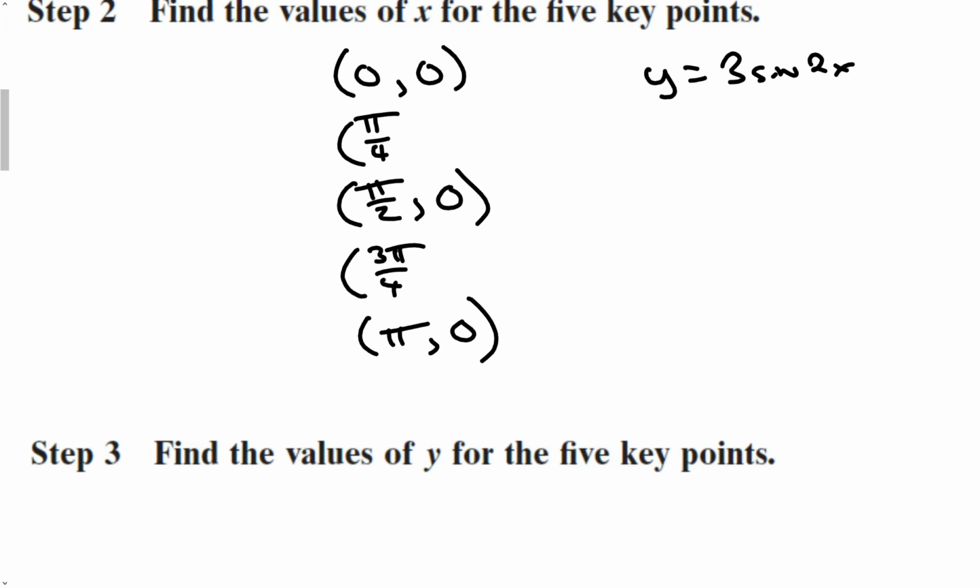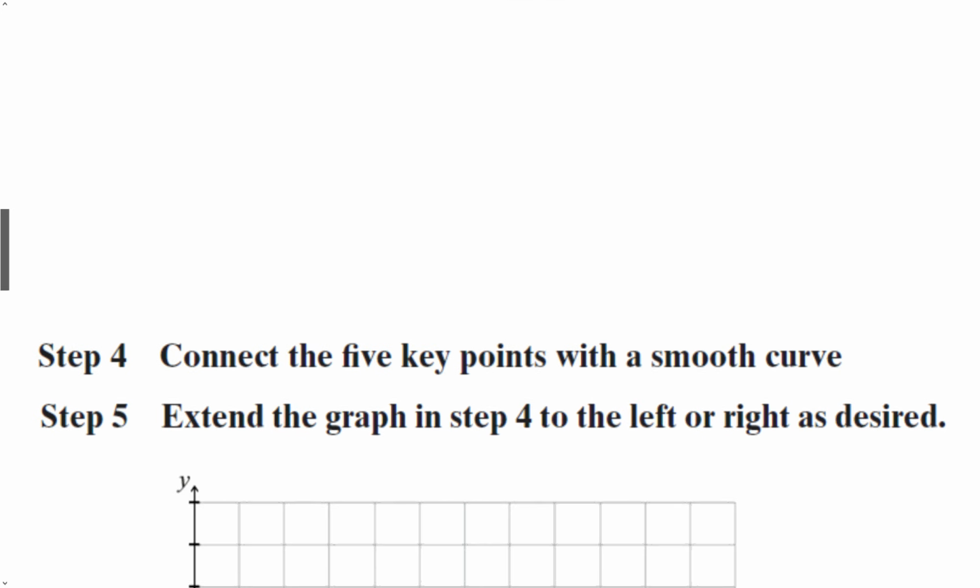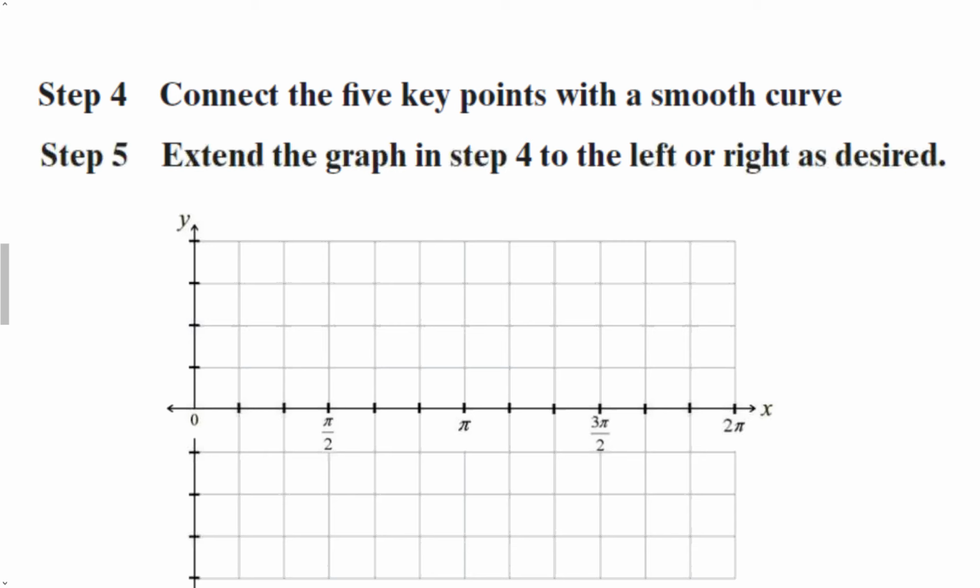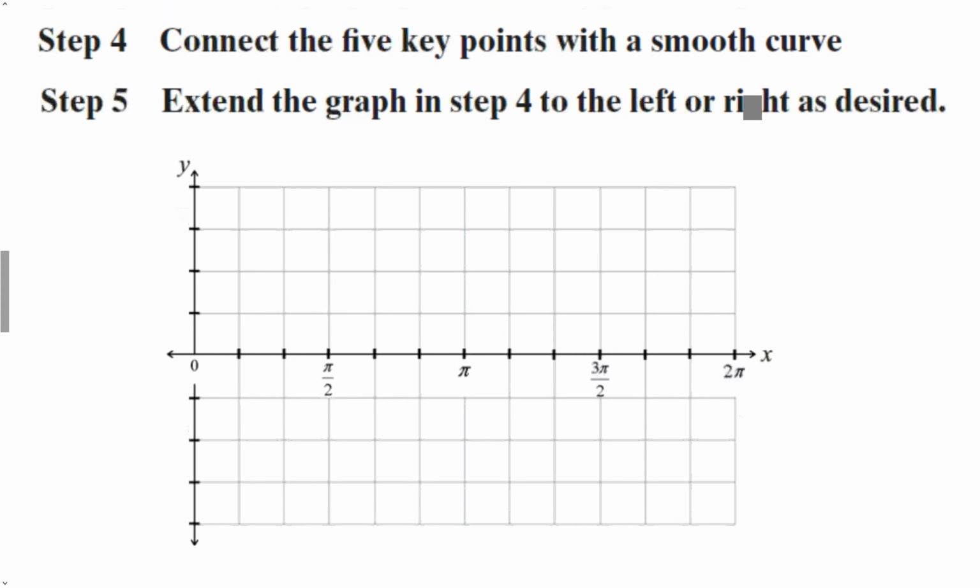Okay, and now this one is going to be the max, and this one is going to be the min, the amplitude. Okay, and now I have my 5 key points, the 5 points that I'm going to use to graph this function. And now that I have them, I'm going to connect them with a smooth curve.